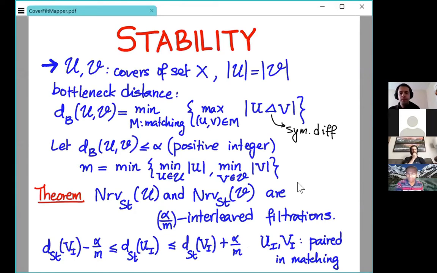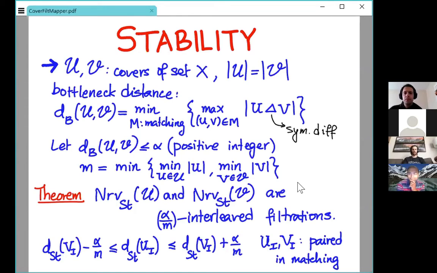Again, we are not yet using persistence diagrams, but perhaps there is a way to extend this notion to persistence diagrams and then connect it to distances between persistence diagrams, but that's part of future work. But the main take-home message here is that starting with a single cover, we are able to give a notion of stability.